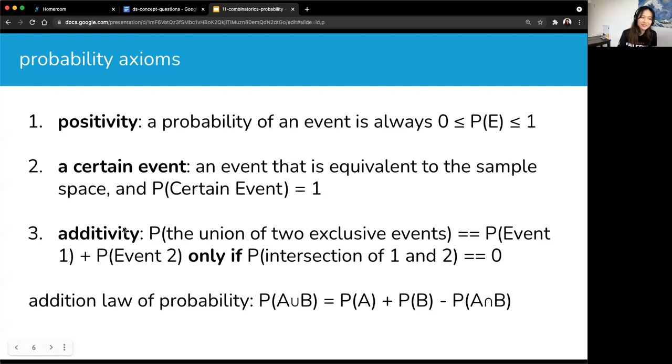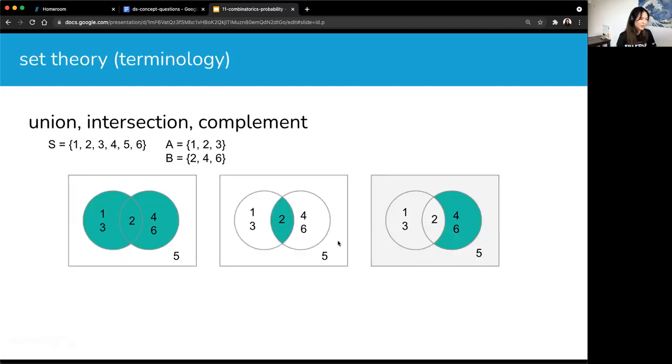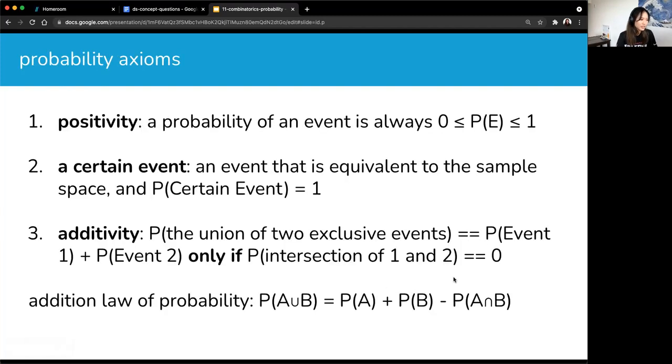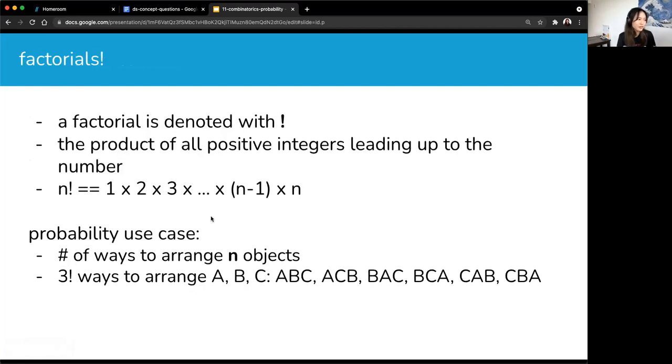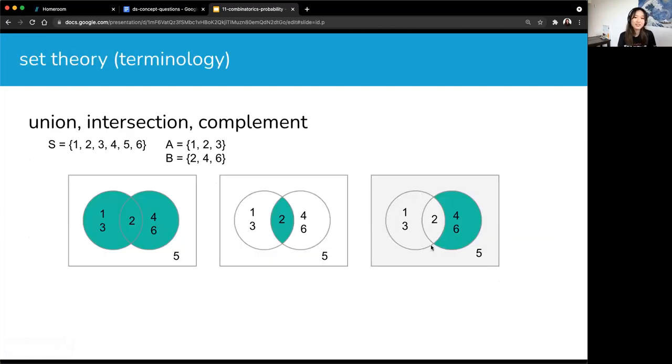Next, the additivity probability axiom, which is basically saying that the probability of the union of 2 exclusive events is equal to the probability of event 1 plus event 2, only if the intersection of 1 and 2 is equal to 0. So just to demonstrate, if we go back to our Venn diagrams, the intersection being equal to 0 basically means that there's nothing in the overlap.